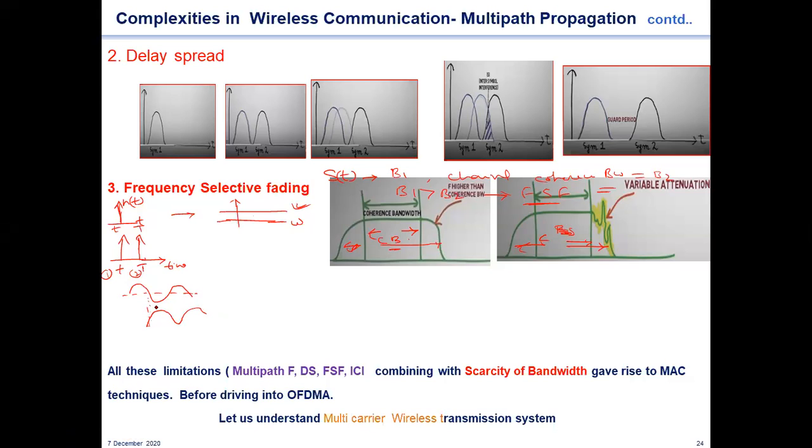Then what will happen? Their phases are almost 180 degrees opposite. They get added up and you get only zero amplitude here.